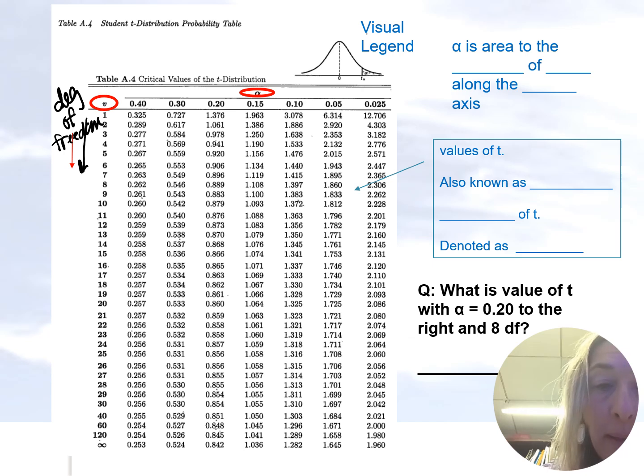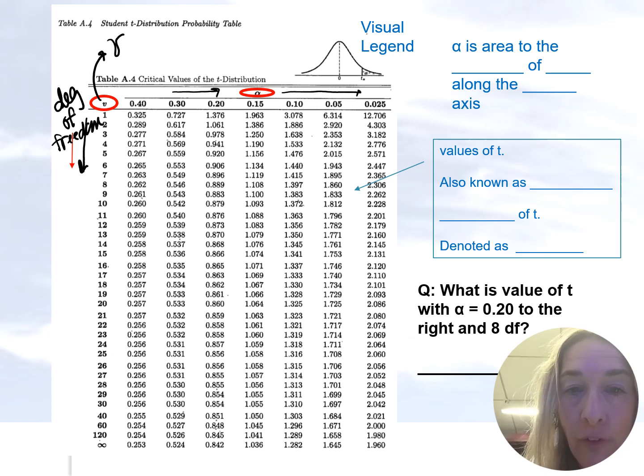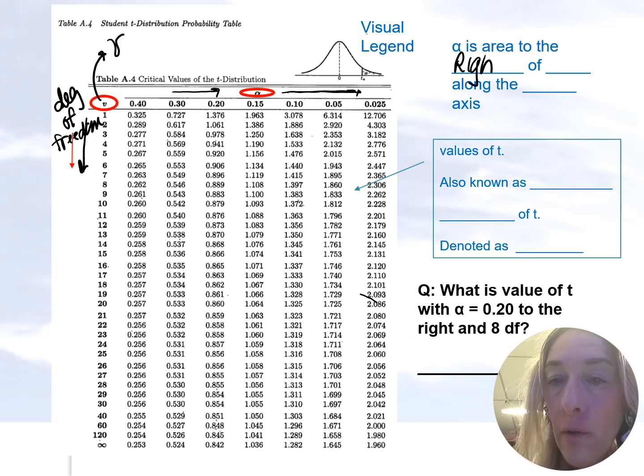They are specified by the Greek letter nu. Across the top of this table, you have values for alpha. Alpha is the area to the right of t along the x-axis.